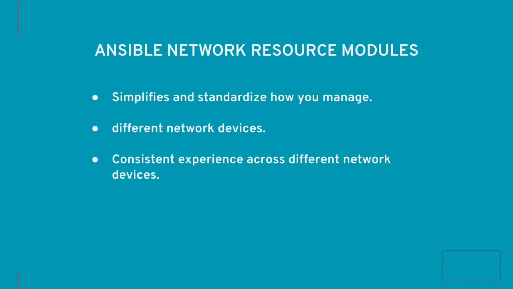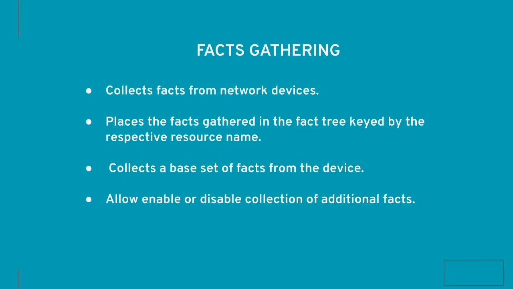So let's move on to the next slide now. Okay, so the next part is facts gathering. Before we talk more about the resource module and I demonstrate how to use it, there is another topic we need to know about, which is facts gathering. Fact gathering is used to collect facts from the network device.